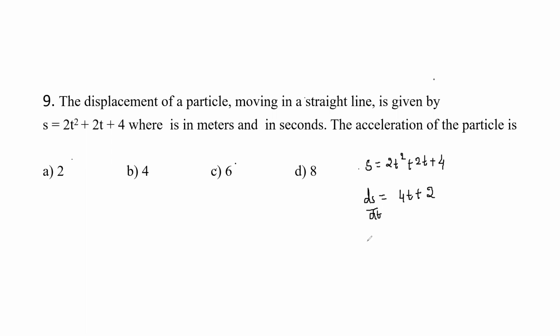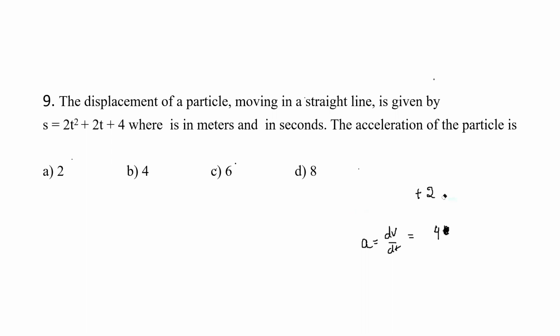Next, this is what velocity is equal to. Acceleration is equal to dv by dt. This is velocity. Now dv by dt. So it becomes 4t, or it becomes 4 only. Okay, it becomes 4 only. Therefore, option B is the correct option. That is, acceleration is 4.